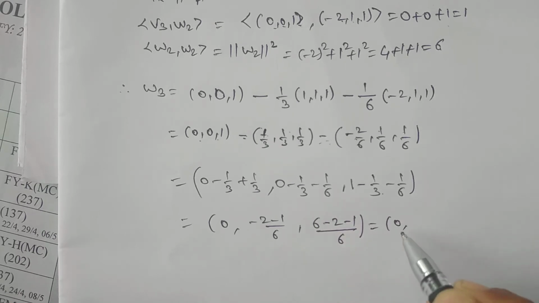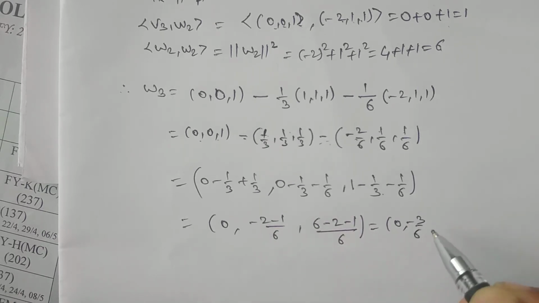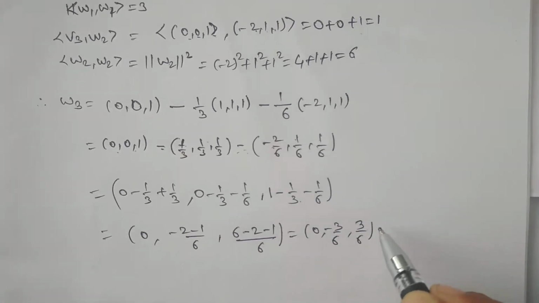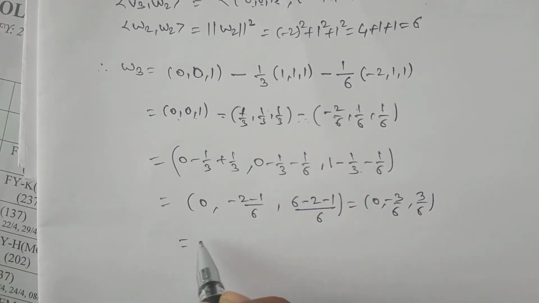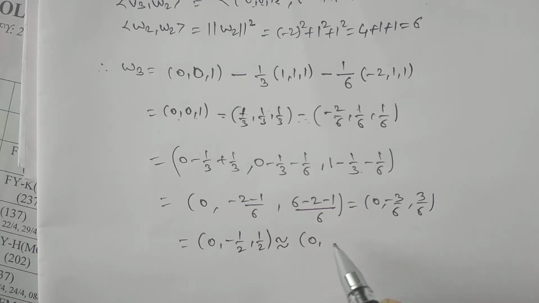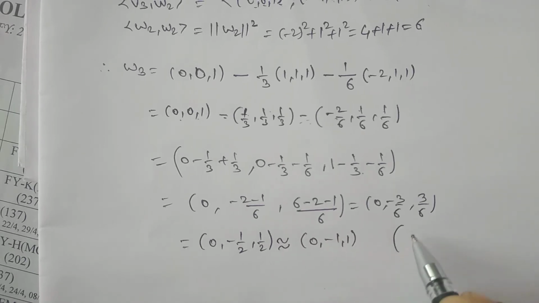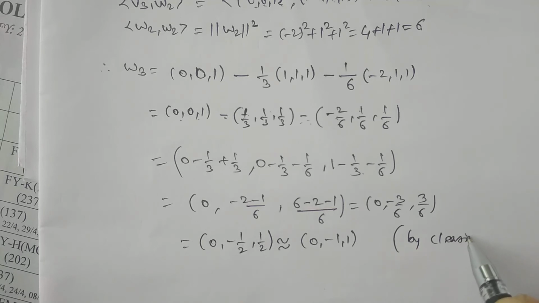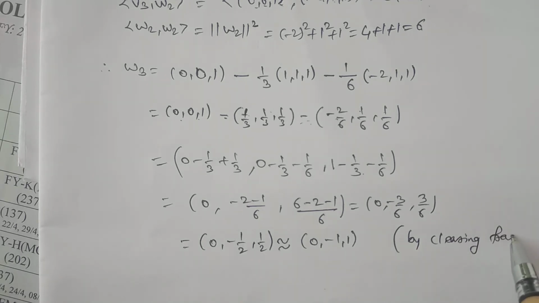This gives 0, minus 3 by 6, and 3 by 6, that is the same as (0, -1/2, 1/2). So we can write it as (0, -1, 1) by clearing fractions. So W3 is equal to (0, -1, 1).